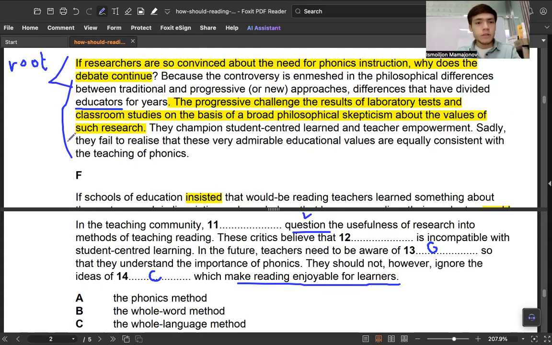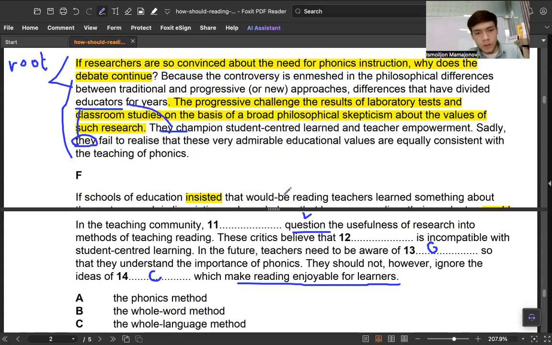If we find who they are, that's the answer. Who are they? They or those. We should know who they are. Because of controversy across the difference between traditional and progressive approach, a difference created by educators.